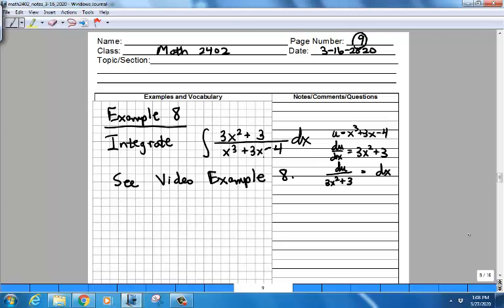So when you substitute u for the x cubed plus 3x minus 4, and then you substitute this fraction for dx, notice what happens. You get this integrand, and that simplifies very nicely, because these two things will divide out.